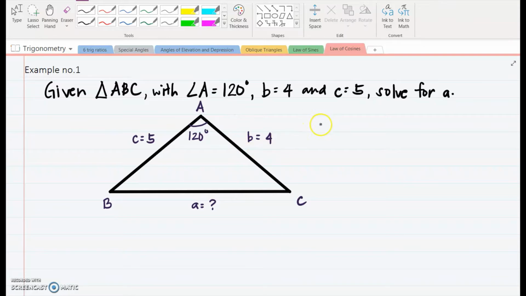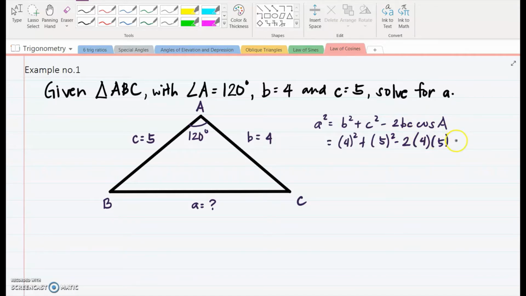So we have a squared is equal to b squared plus c squared minus 2bc times the cosine of A. So if we're going to substitute, we have 4 squared plus 5 squared minus 2 times 4 times 5 cosine of 120 degrees.